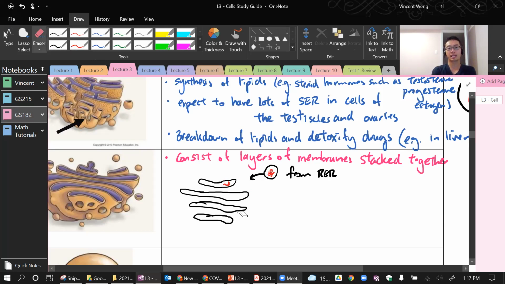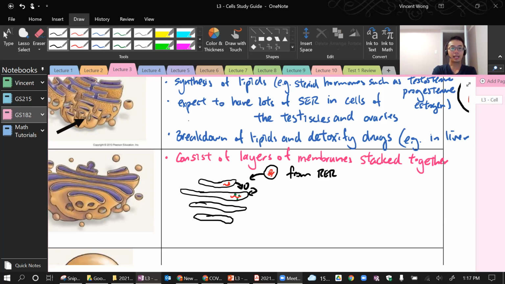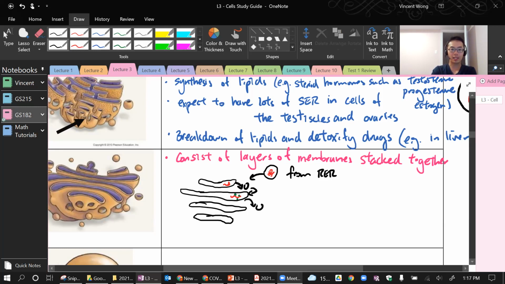The Golgi body will scan those barcodes and tell them what to do. Sometimes they will repackage it into another vesicle that will move forward. The protein would get modified, like you would add things to it, and then repackage it and move it forward. Sometimes you have to move it backwards and forwards a couple of times, depending on the type of protein. But finally, you will repackage the protein into a new vesicle.